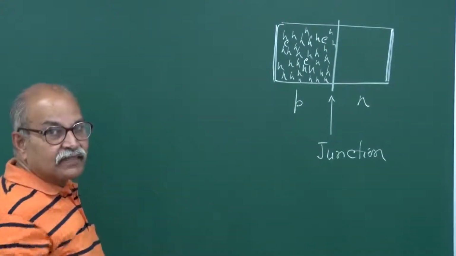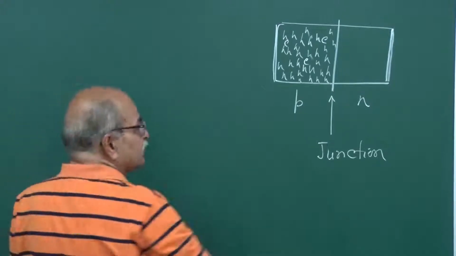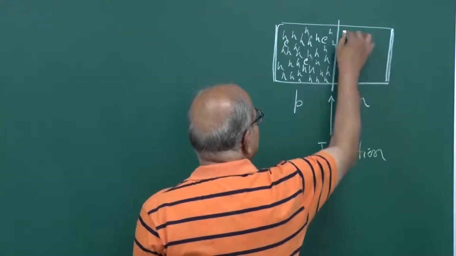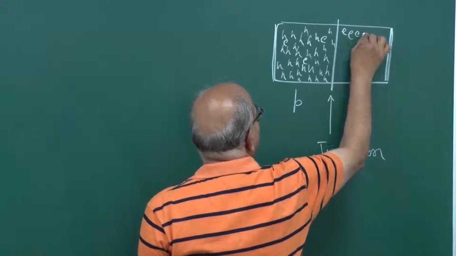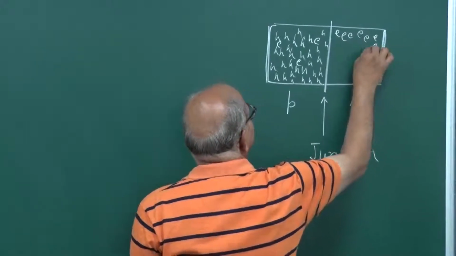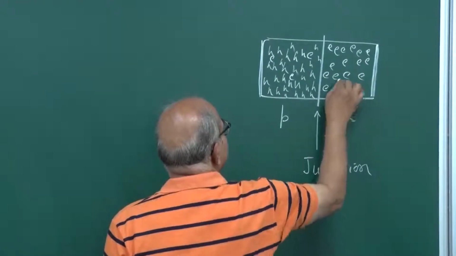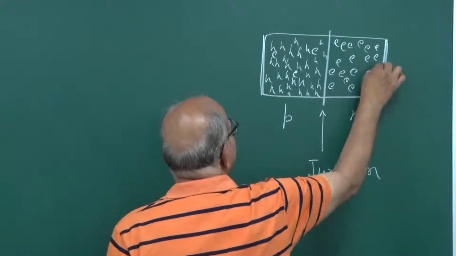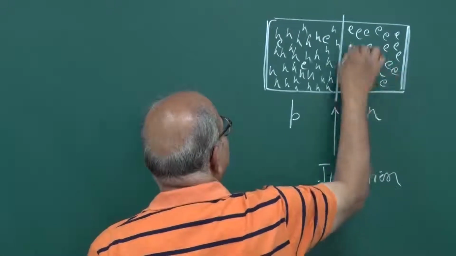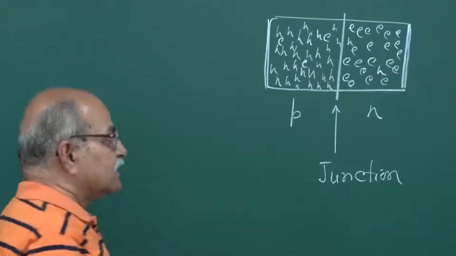The opposite is on the other side, on the n side, n-type semiconductor. Here you have a large number of free electrons, because you have put in all those pentavalent impurities, and then you have some holes somewhere, minority carriers.